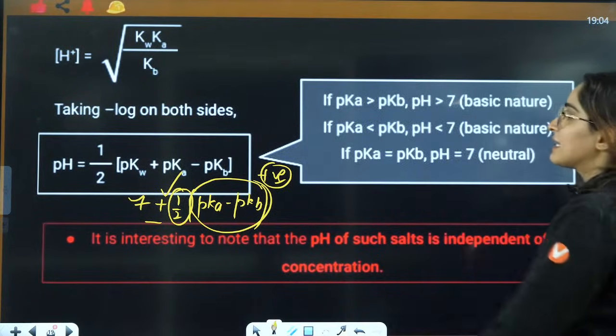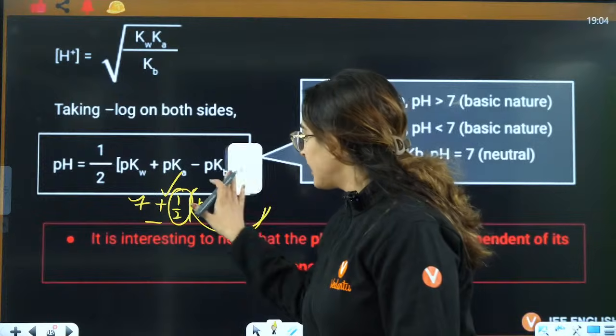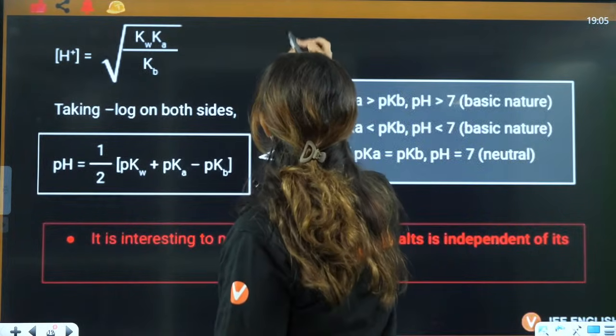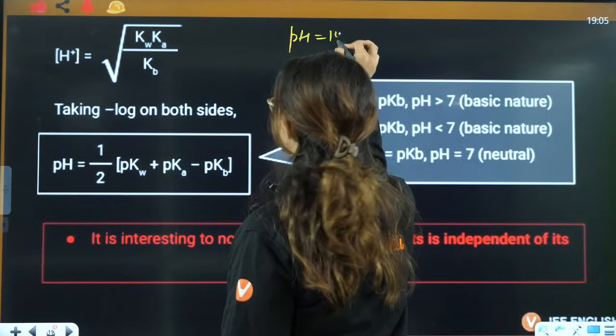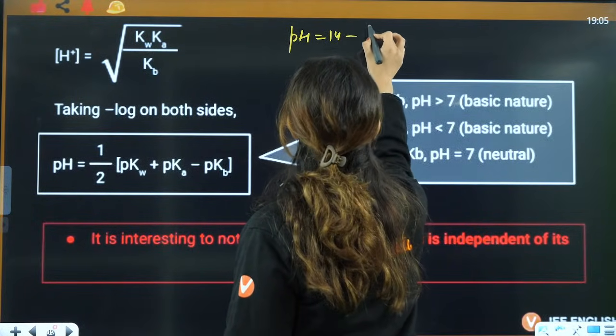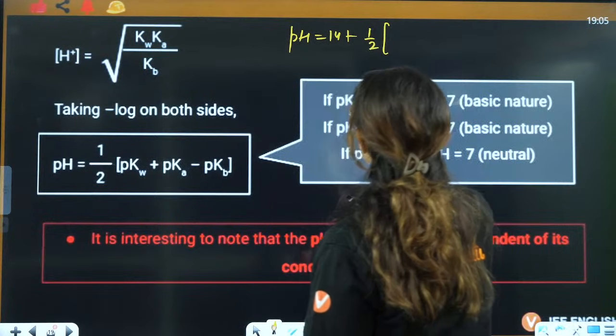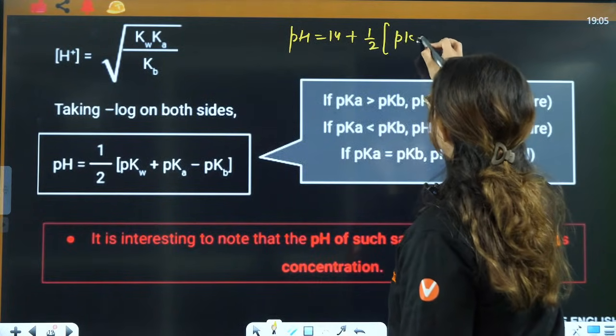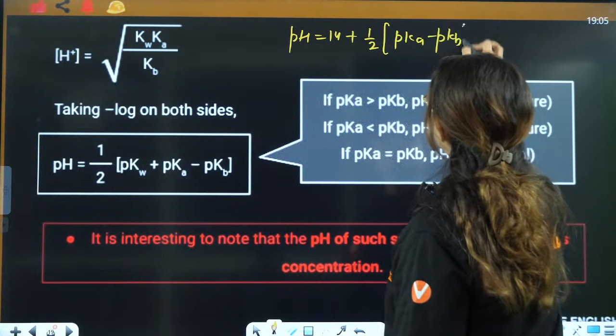That means it is going to be a basic solution. You can also write it as pH is equal to 7 plus half of pKa minus pKb.